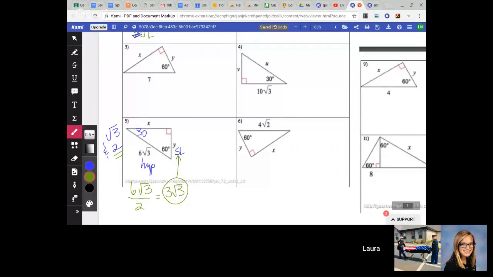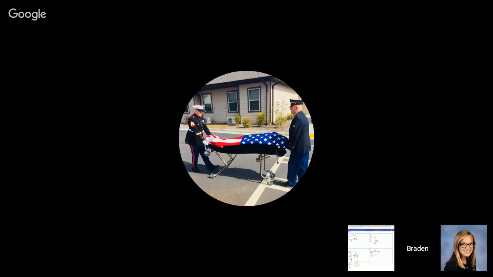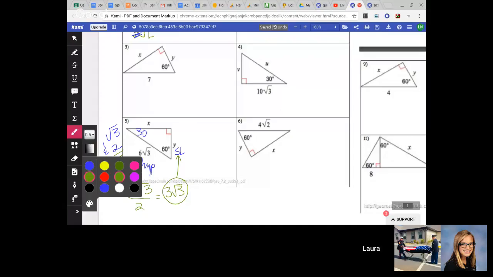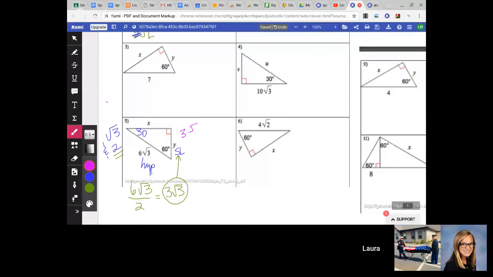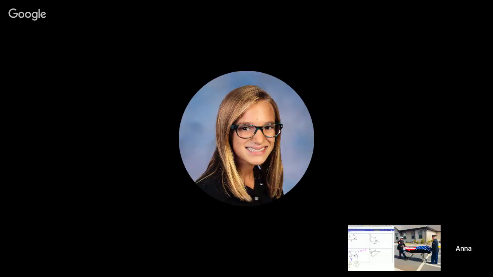So from the short leg to your long leg, what do you need to do? Times it by root 3. Yes. So 3 root 3 times root 3. What do you get there? 3 root 6.